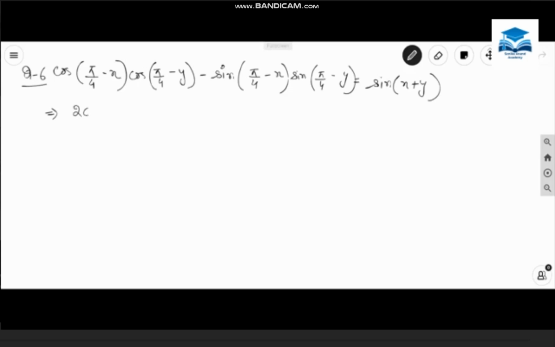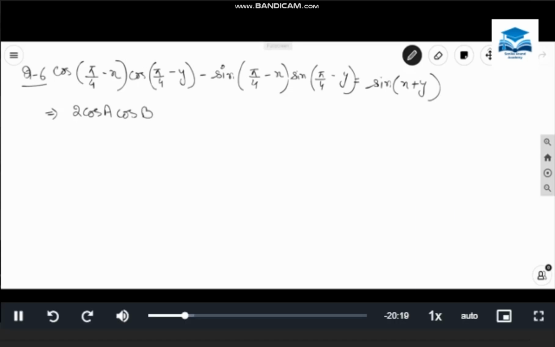First formula is 2 cos A cos B. Another formula 2 sin A sin B, which is equal to, when we have cos A cos B, then we write cos of A plus B plus cos of A minus B. Okay.